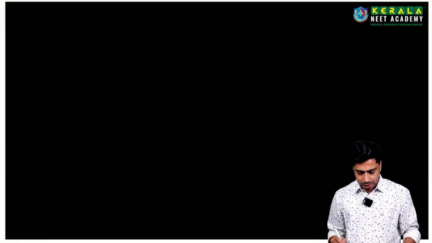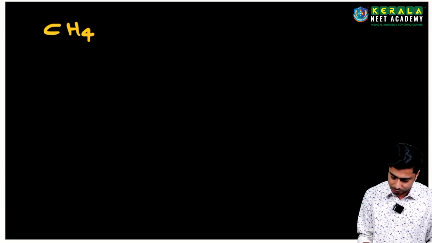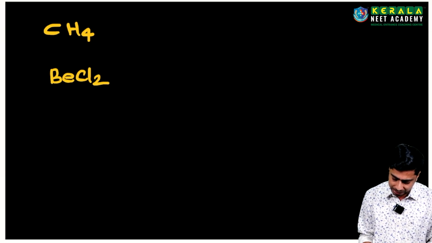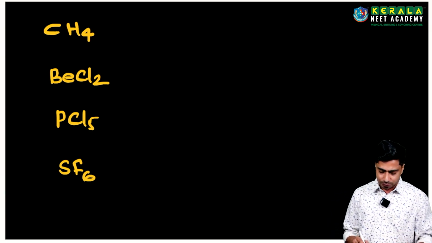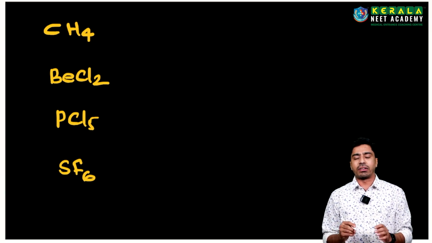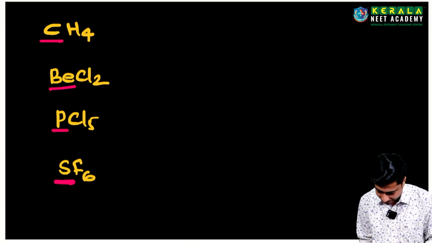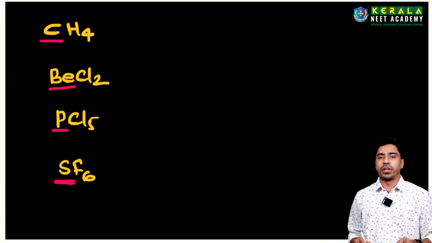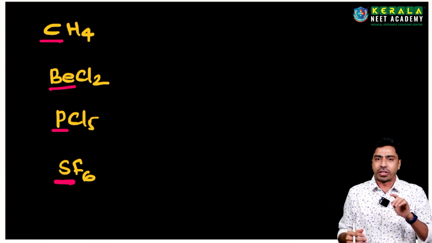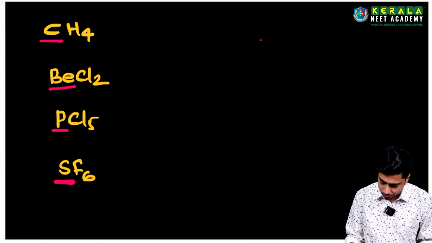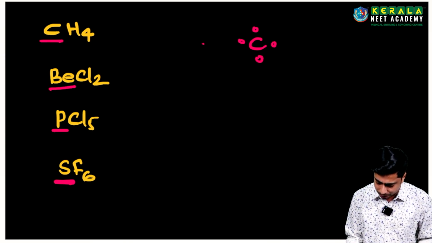Now, I'll give you some examples: CH4, BeCl2, PCl5, SF6. All these are different molecules. We'll take the case of CH4, methane. The central atom is carbon; I'll underline the central atoms. Carbon comes with 4 valence electrons, and each hydrogen atom will be bonded with one electron because hydrogen makes a single bond.